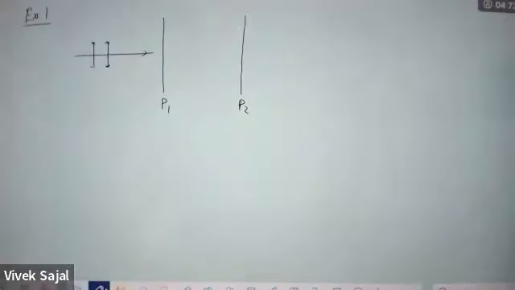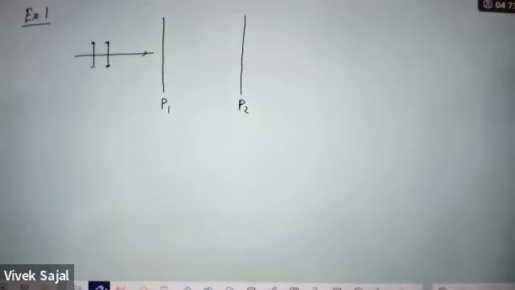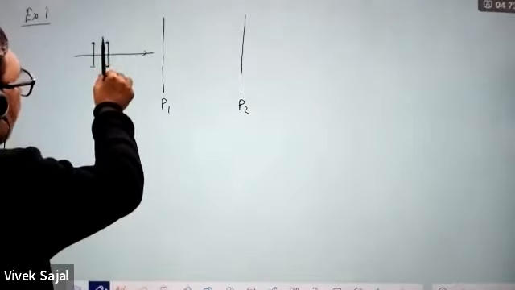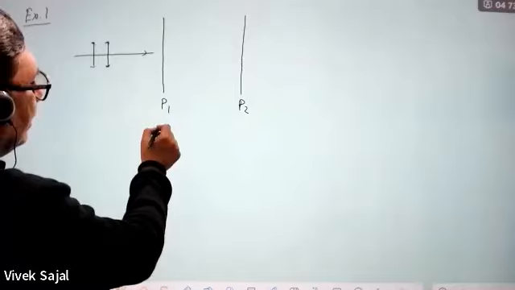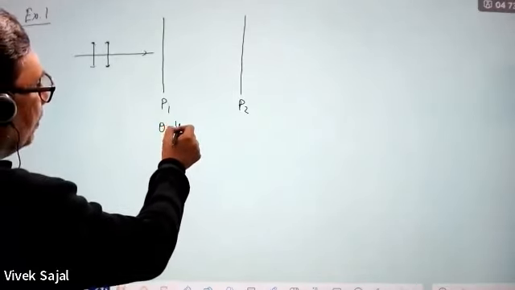So what they are saying, if a linearly polarized light is sent through two polarizers, the first at 45 degrees to the original axis of polarization and the second at 90 degrees to the original axis of the polarization. These electric vectors are making a 45 degree angle with the path axis of this polarizer.